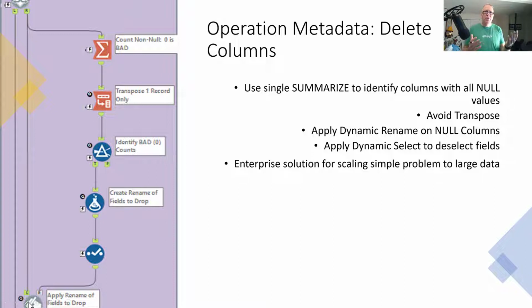So I'm going to say field 1 turns into field 1 is all null. And when I put that into the rename, I now have altered all the field names consistently that I want to drop. I'll use a Dynamic Select later to say if your name conforms to this dropping standard, I'm going to drop the column.